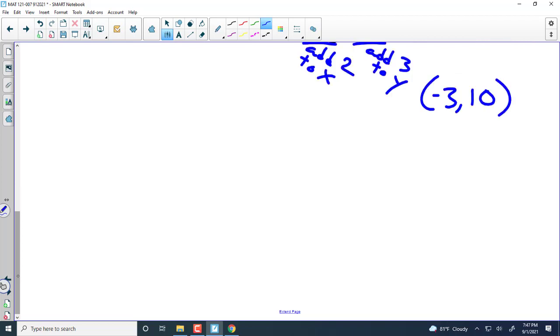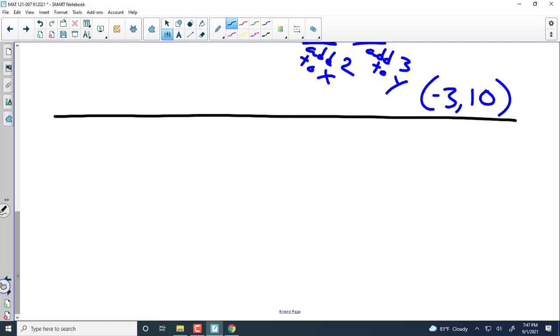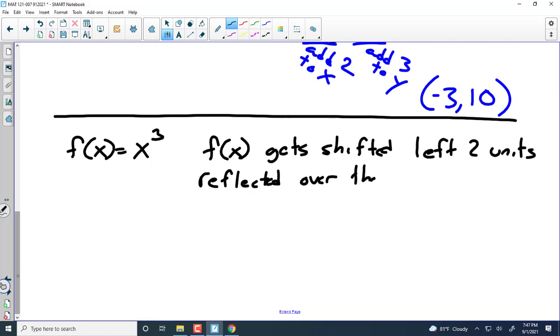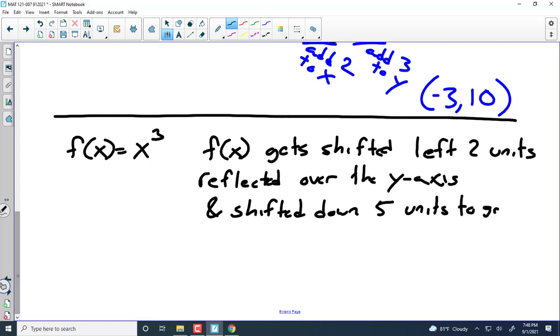What else can happen? Look at this, he said, still with 2.5 minutes to go. F of x equals x cubed. F of x gets shifted left 2 units, reflected over the y-axis, and shifted down 5 units to get g of x.